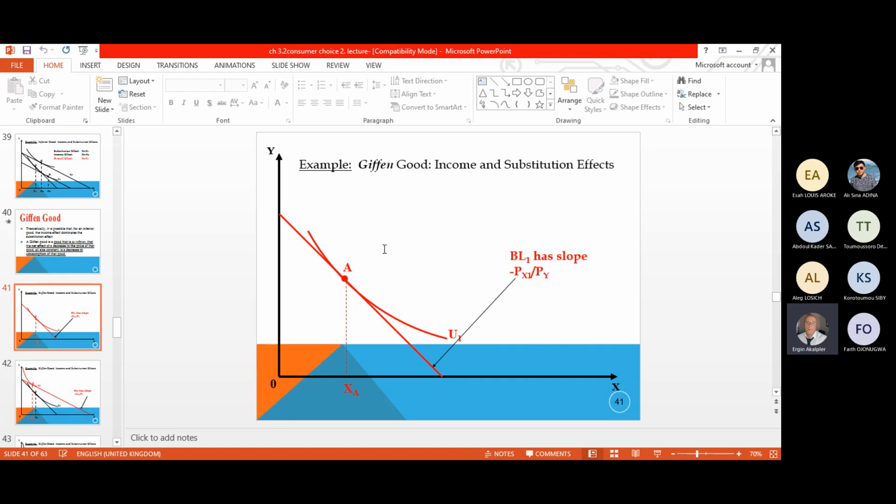Therefore, let's look at the Giffen good. The income and substitution effect is represented again.